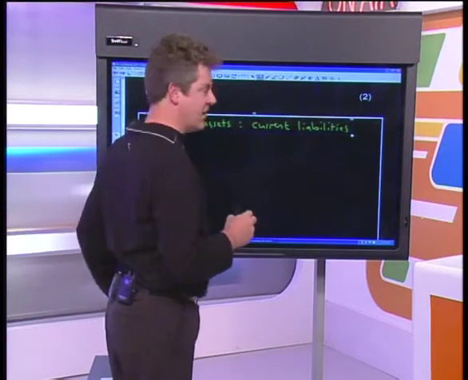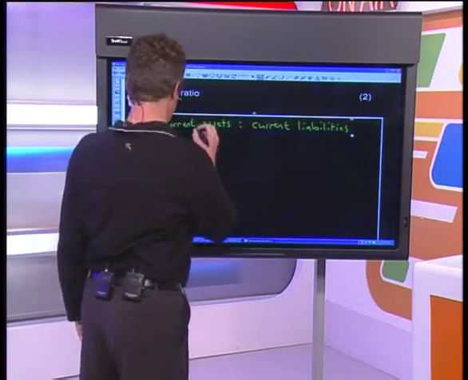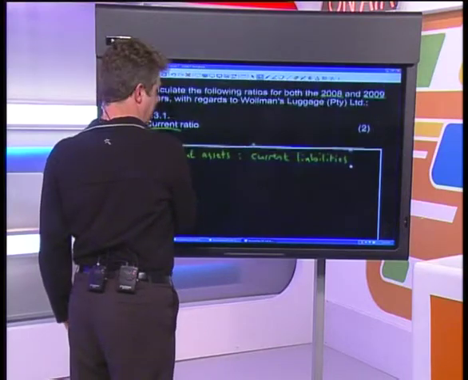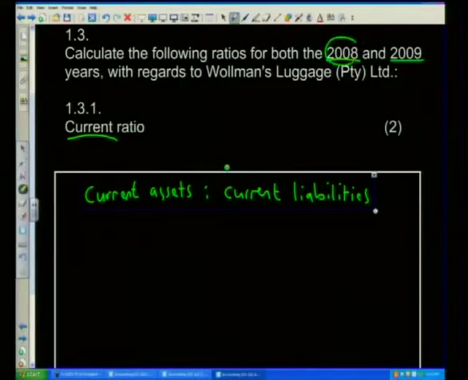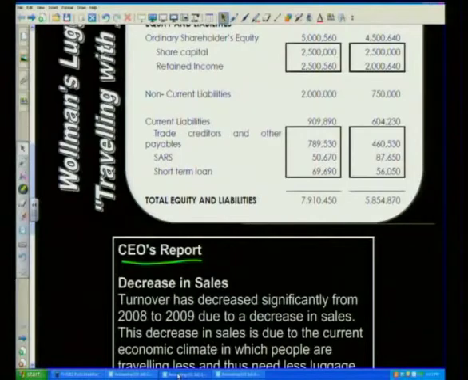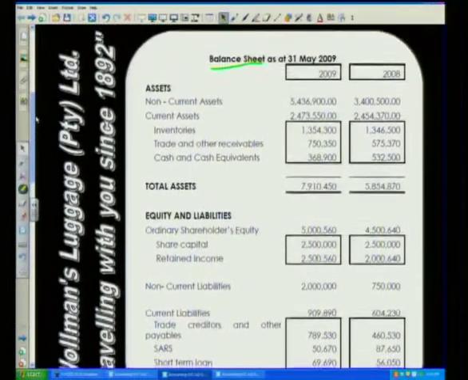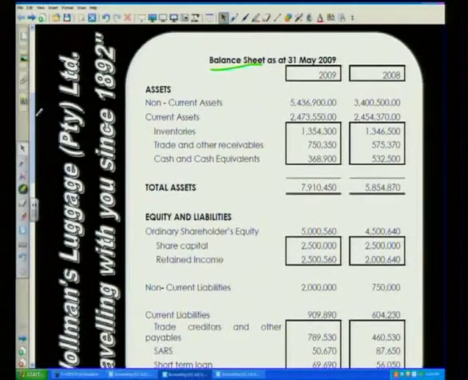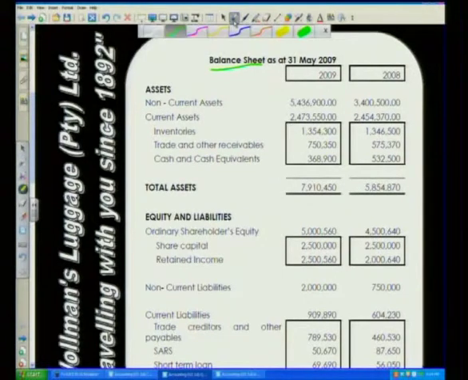So let's have a look at the current assets to current liabilities. We are asked to calculate this ratio for 2 separate years, for 2008 as well as for 2009, with regards to Wallman's Luggage. Let's look at the information that we've been given. So over here, we're going to look in the section on current assets.